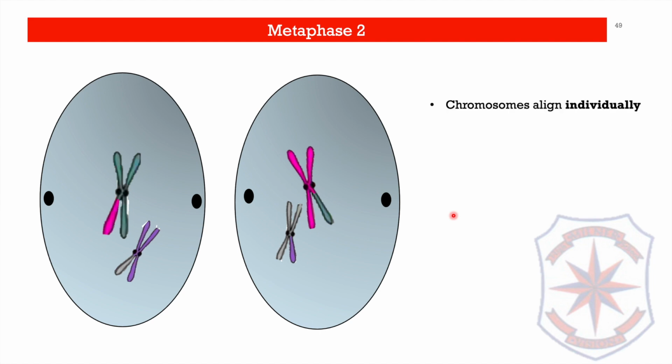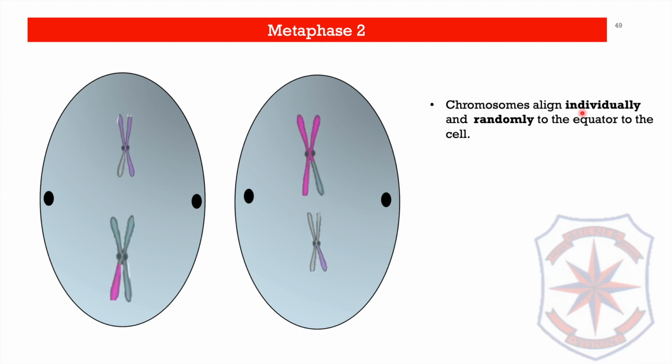Okay, guys? So, what happens? Chromosomes align individually and randomly at the equator of the cell. Okay? During metaphase 1, remember, they would be arranging in homologous pairs, but in metaphase 2, they are arranging individually at the equator of the cell.